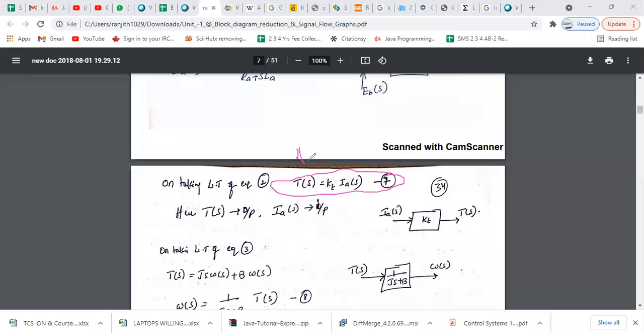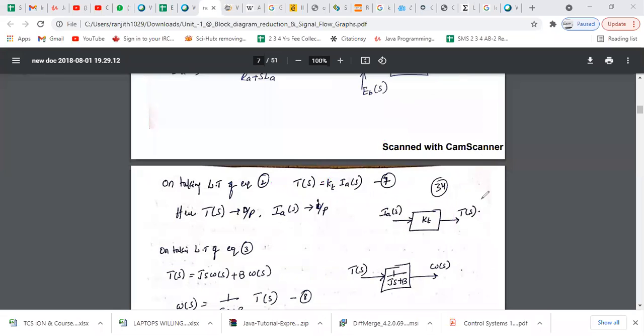Output by input, that means T of s by Ia of s. What is the transfer function? Kt. That is what I mentioned in the block diagram. I am taking Ia of s as the input and T of s is the output.